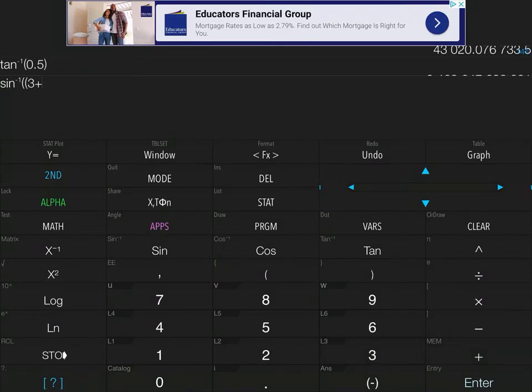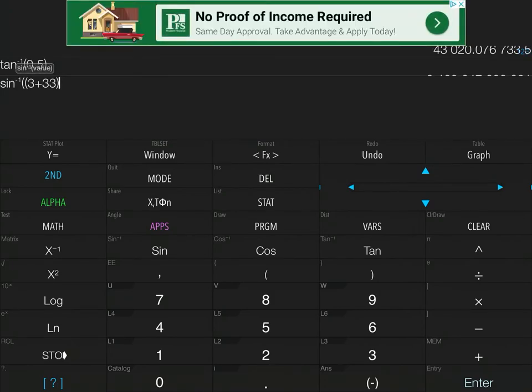I am going to open another set of brackets for 3 plus the square root of 33. Okay, I didn't need this one, so I will just delete this.